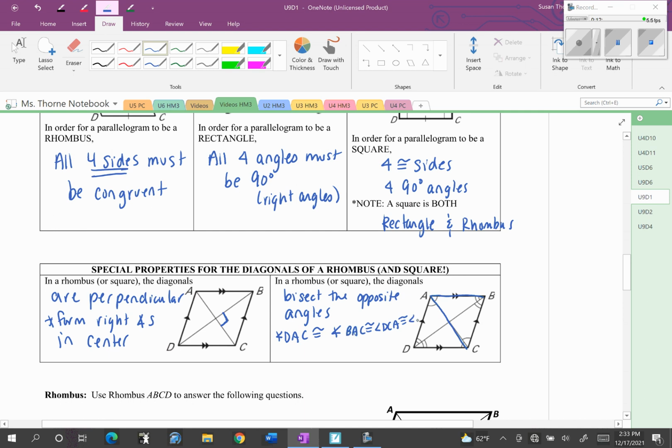I'm running out of room here. And then we can do the same thing for these angles here and here. So angle ADB is congruent to angle CDB, which is congruent to angle CBD, which is congruent to angle DBA. And you can see from how many lines we have that those are congruent.